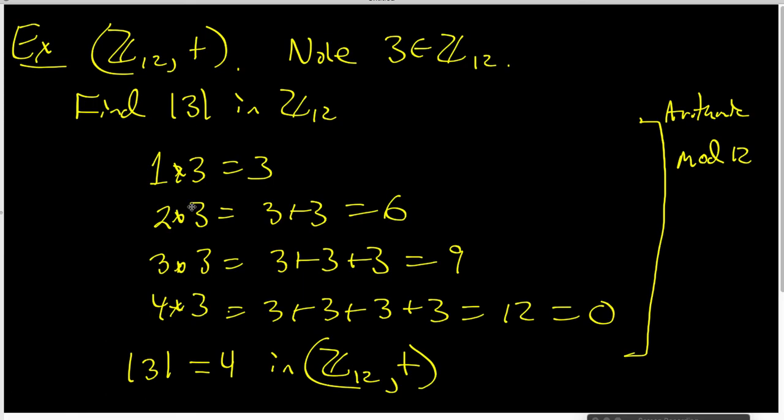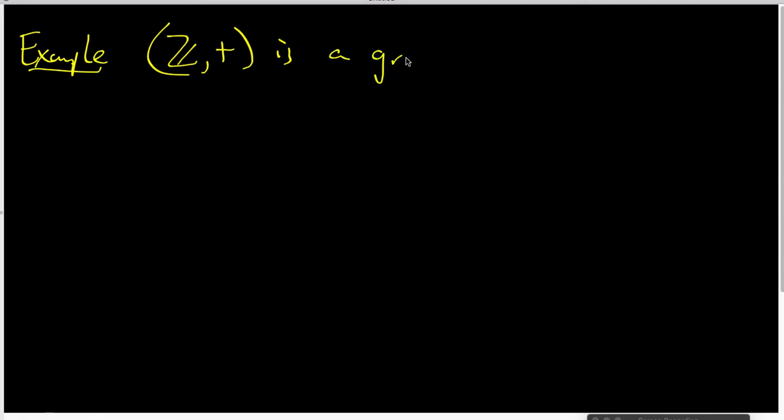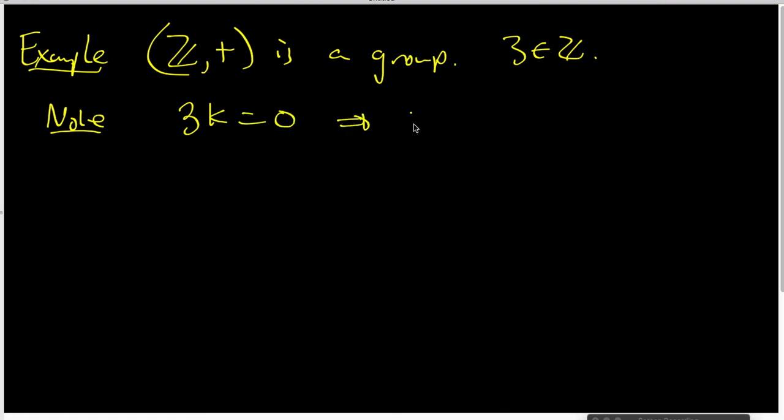Well, let's look at one more example. I also know that Z itself under addition is a group. And 3 is clearly an integer. Now, what I want to note in this particular thing is that inside Z, 3 times k equals 0 implies that k has to be 0.